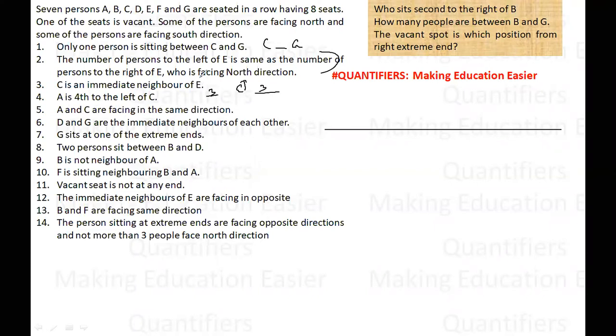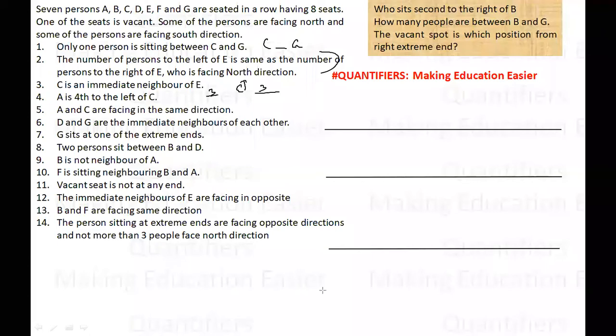And then C is an immediate neighbor of E. So I'll have to spot some cases. I know that C is the neighbor of E, so there will be multiple cases.